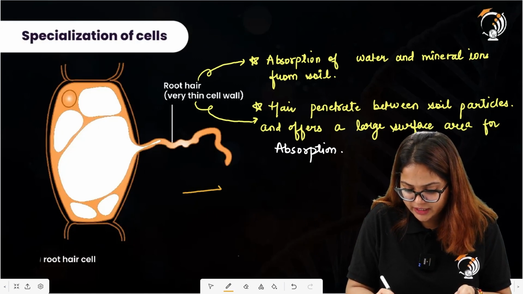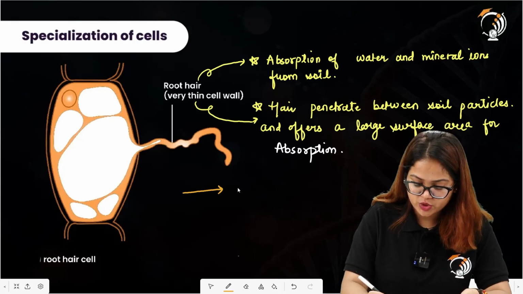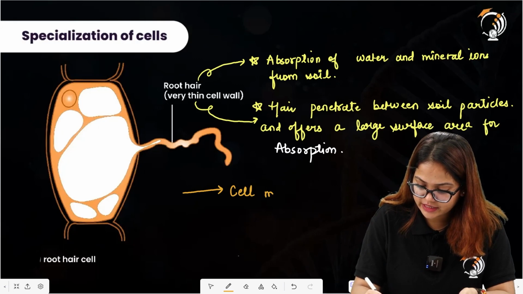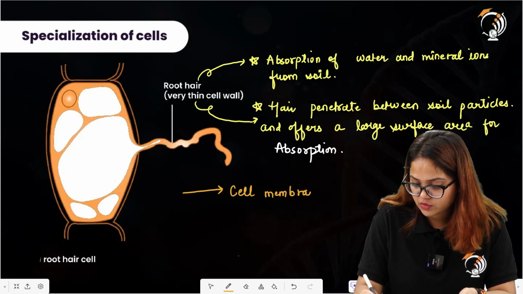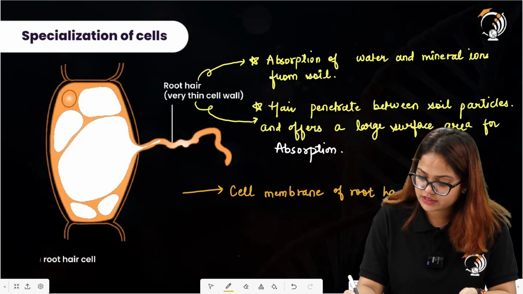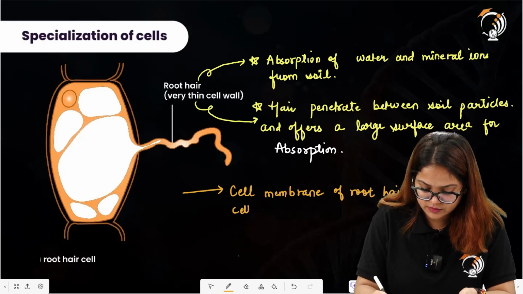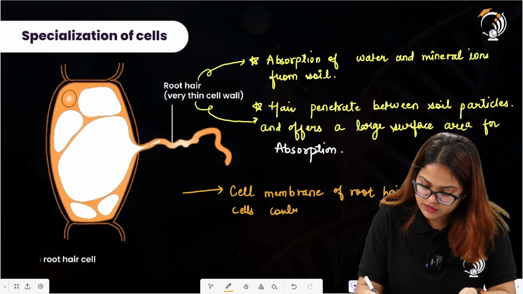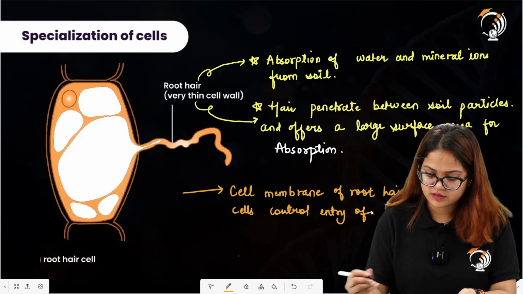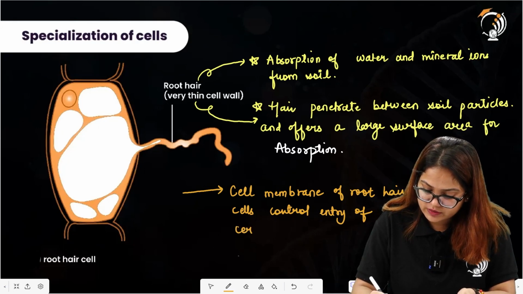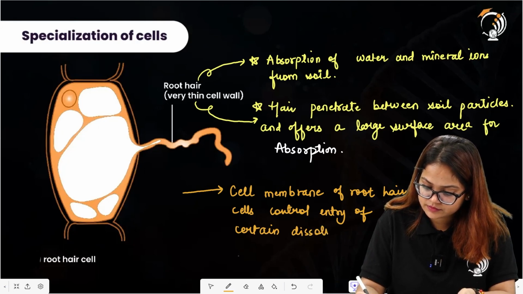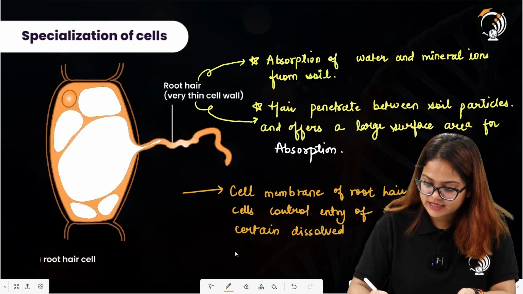All right, the cell membrane of root hair cell. So I will write it here like cell membrane of root hair cell controls entry of certain dissolved substances into the cell.